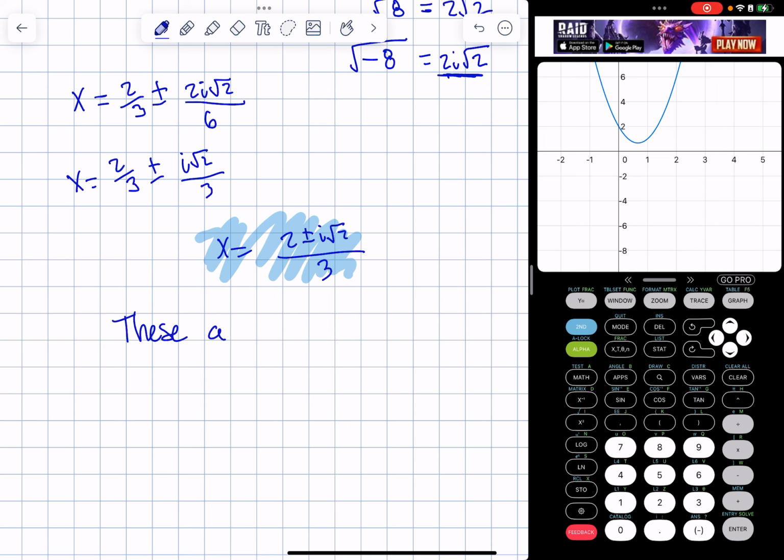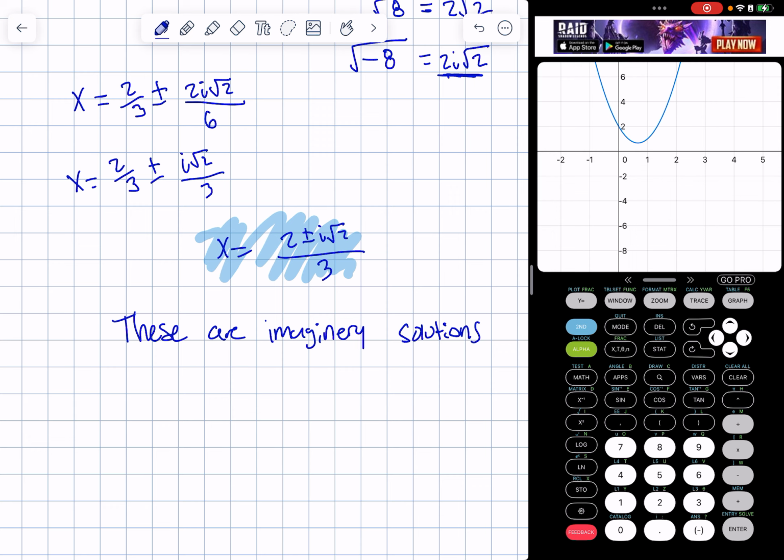These are imaginary solutions. Oh my goodness, I am a horrible speller. So they are imaginary solutions, right? You should realize that the graph is never going to actually touch zero, right?